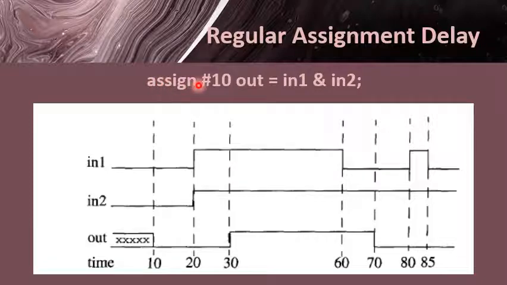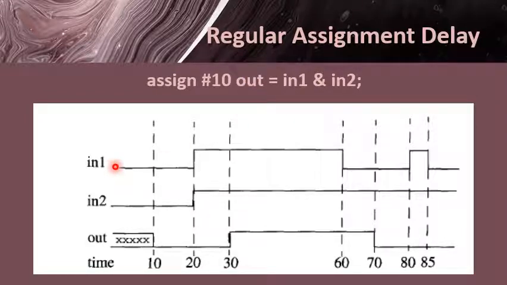But since there is a delay specified, as soon as one of these two signals changes, the statement will wait for the specified delay, in this case 10 time units, and only after that the computation takes place and the assignment to the left hand side operand will take place.